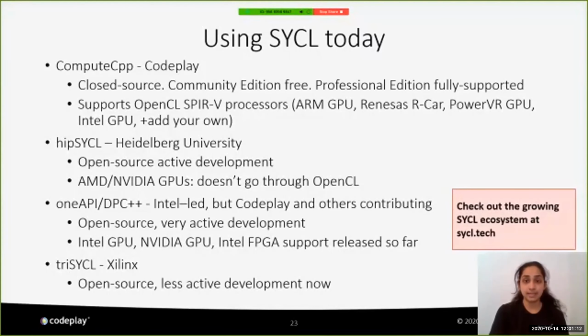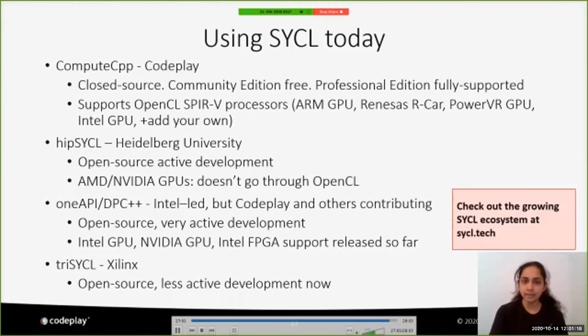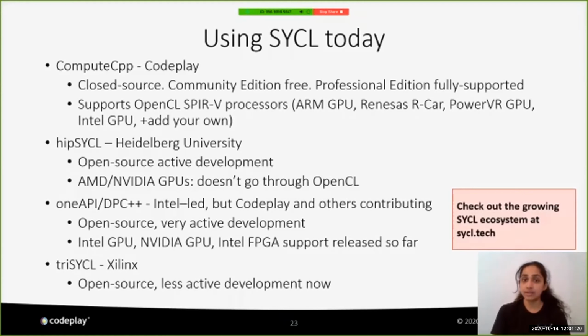It supports Intel GPUs, NVIDIA GPUs, as well as many Intel FPGAs. Another commonly used SYCL implementation is from Xilinx, called triSYCL, though it is not under completely active development right now. To learn more about the latest implementations of SYCL or the new additions to the SYCL ecosystem, you can always check out sycl.tech.